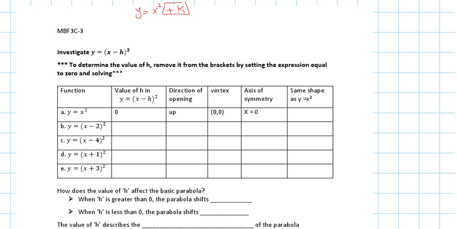We're going to call this letter h. So what I have here is (x minus h) squared. This number is with the x inside the bracket, so it's going to be an x translation, which is called a horizontal translation, because it is located inside the bracket with the x.